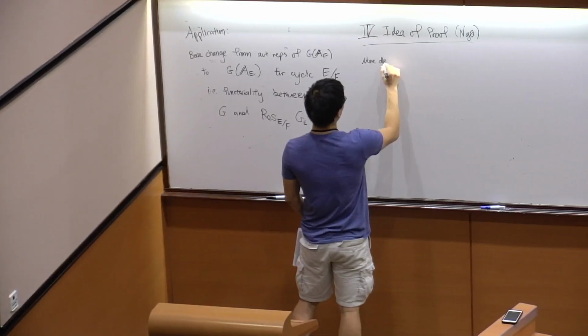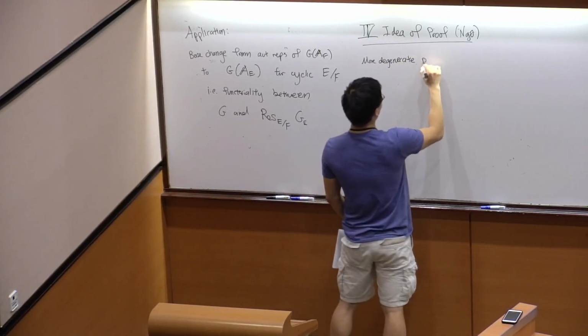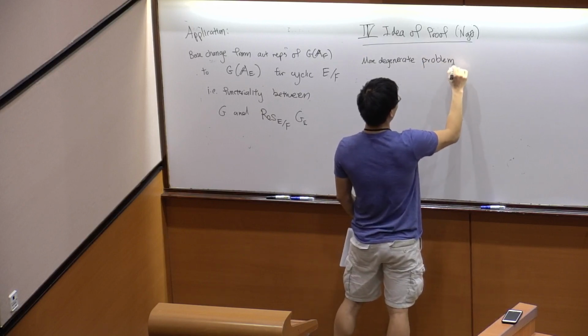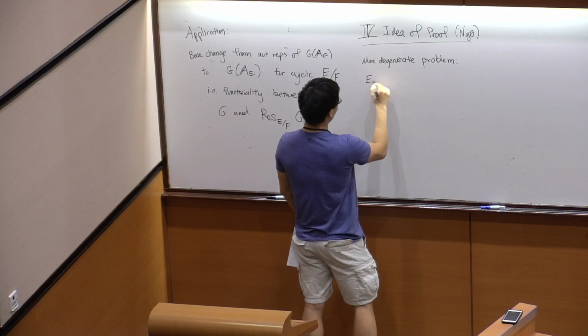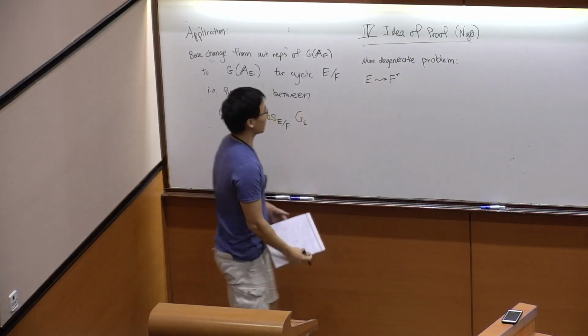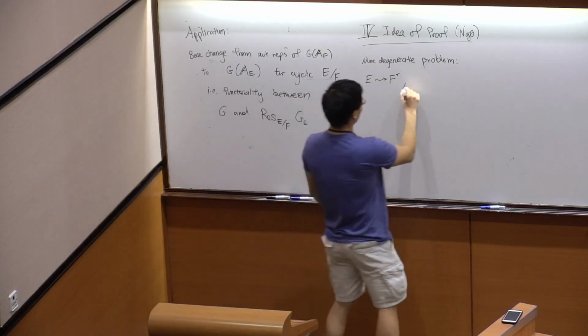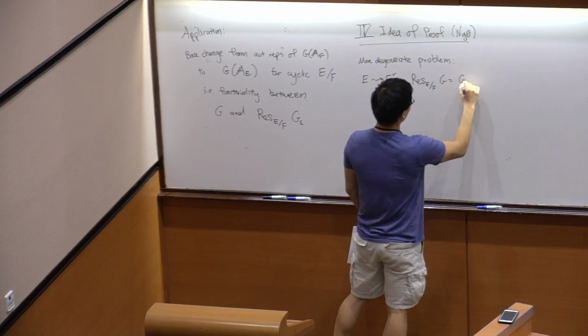This is functoriality where we replace E by the trivial algebra extension F to the R, in which case the restriction of scalars of G just becomes G to the R.